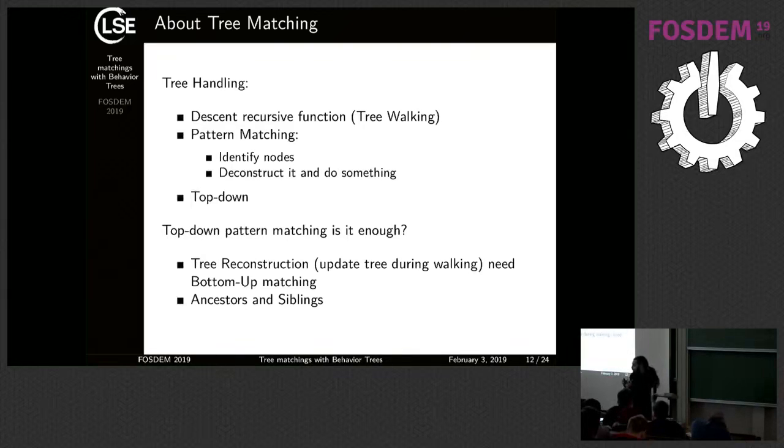To basically do tree handling, you begin by writing a recursive function that traverses all your tree in a top-down way, and use pattern matching to identify a node, deconstruct it, do something with it, and call some piece of code.